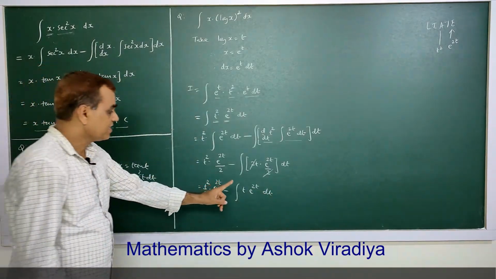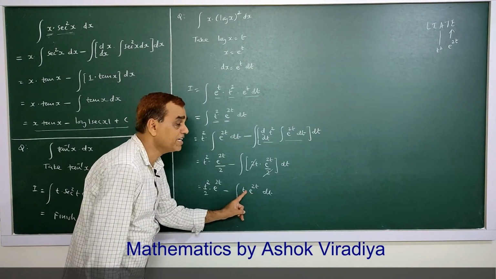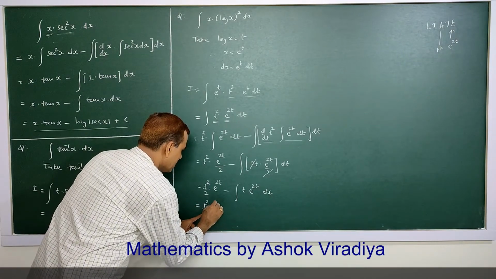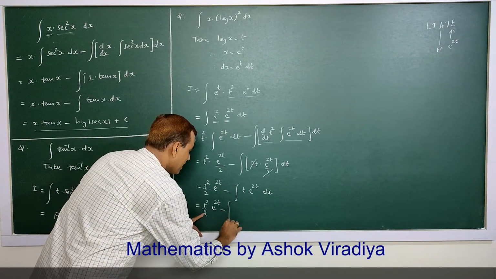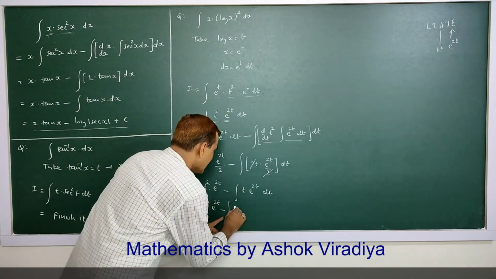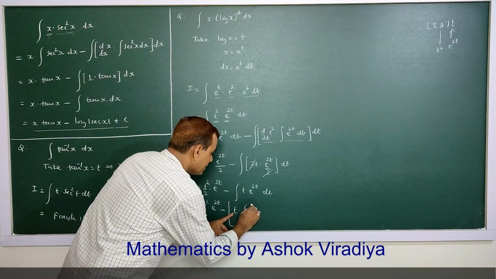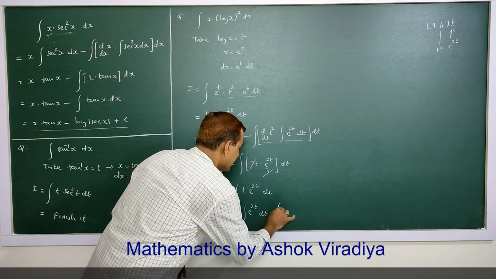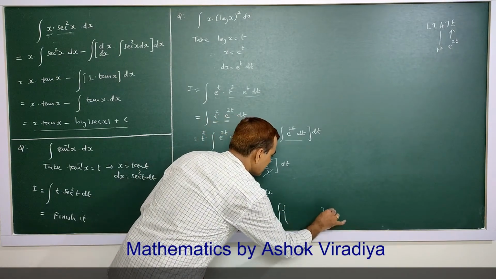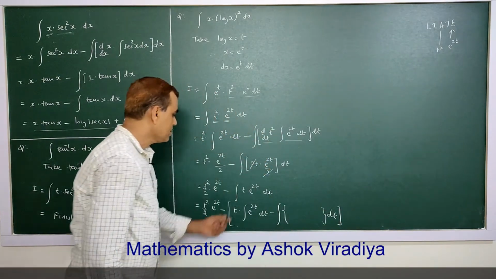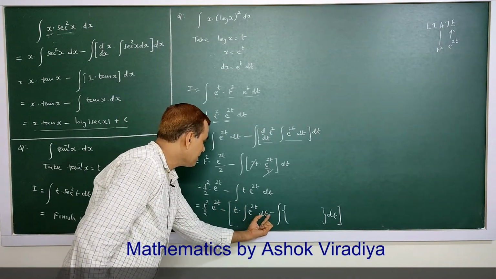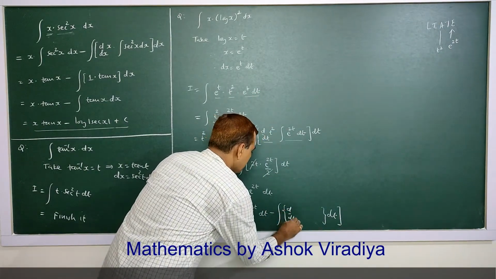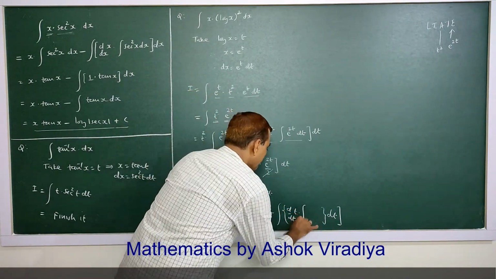Now once again we apply the rule of integration by parts. So it is equal to t square by 2 e raised to 2t minus, now use bracket, u as it is, integral of e raised to 2t with respect to t minus integral of box, close bracket. u as it is, integral of v minus integral of box, in box derivative of u, integral of v.